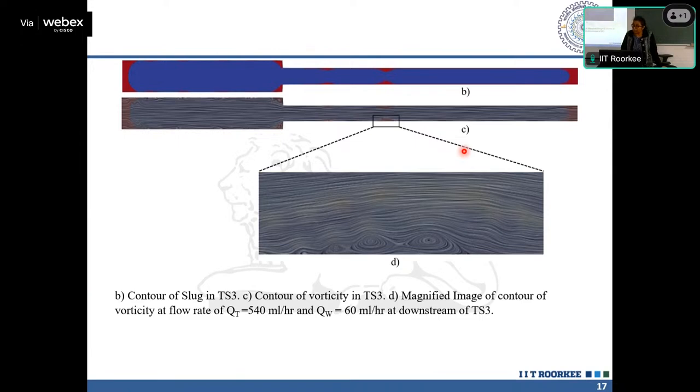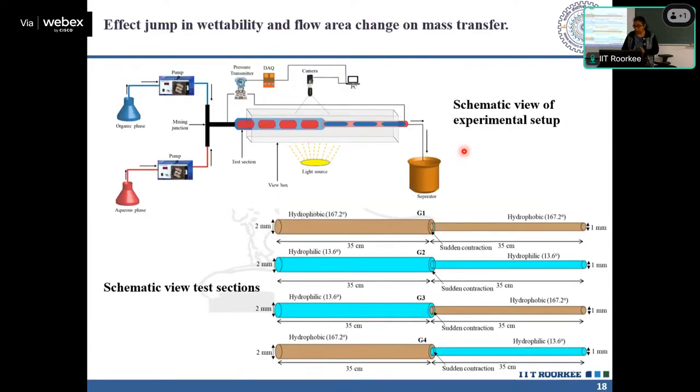In the second part of the study, what we have done is that we have taken 4 sudden contraction setups. The first one is mentioned as G1, throughout hydrophobic. These are glass tubes, glass capillaries. We have coated them with PTFE coating and made them super hydrophobic, with a contact angle of 167.2 degrees, throughout.